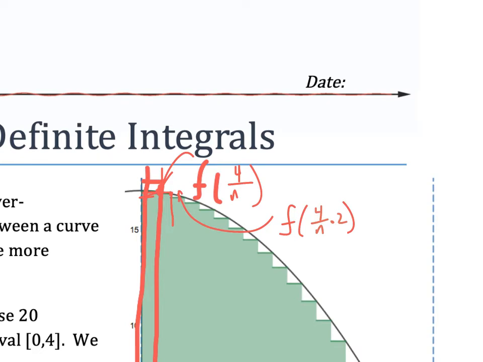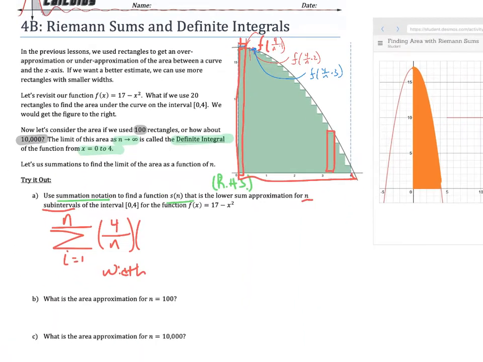The next one over here is another gap. All these gaps are the same. So this next one right here would be 4 divided by n times 3. So we have 4 divided by n times 1, 4 divided by n times 2, 4 divided by n times 3. So if we were to add all these rectangles up and write it all out, the first rectangle would be 4 divided by n, and we're going to multiply that times f of 4 over n times 1.